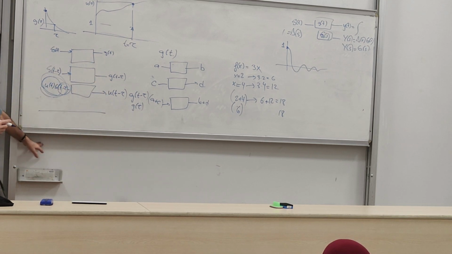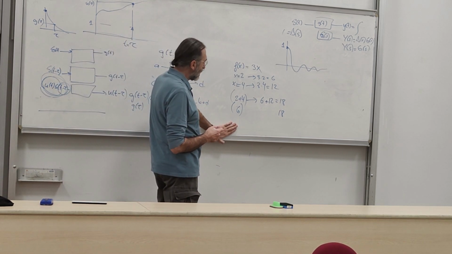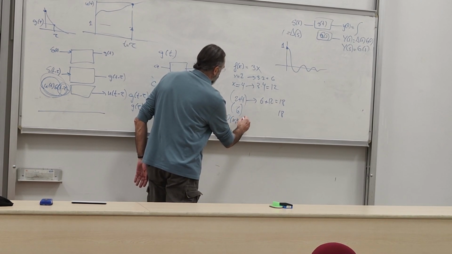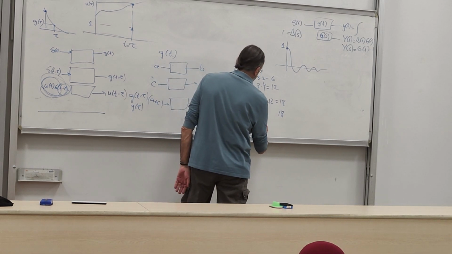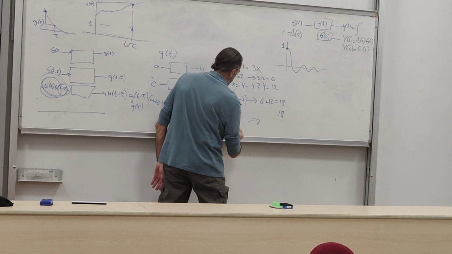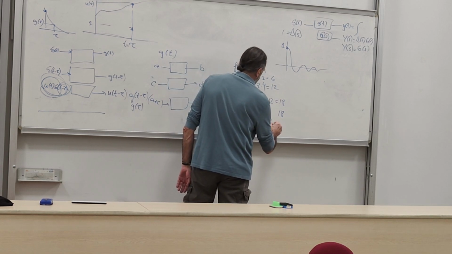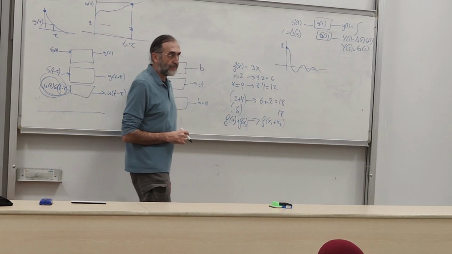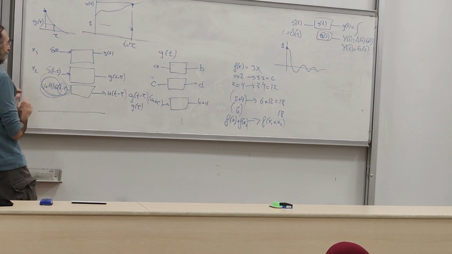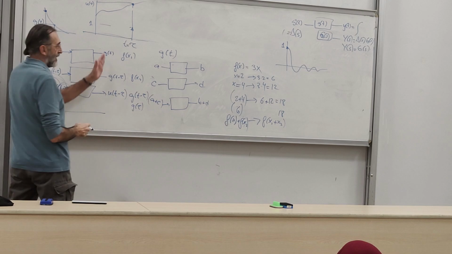So, just like I did here, I'm adding all the inputs. So I'm saying f of x1 plus f of x2 has to be equal to f of x1 plus x2. This is x1, this is x2, and this is f of x1, this is f of x2, and down the line.